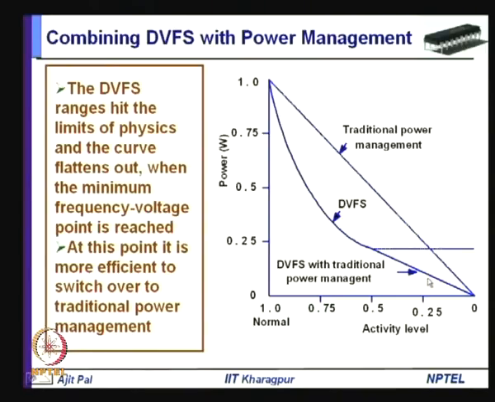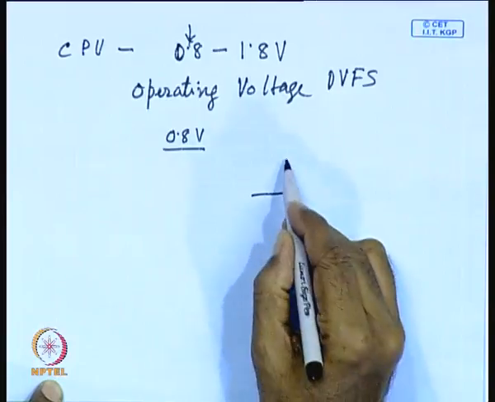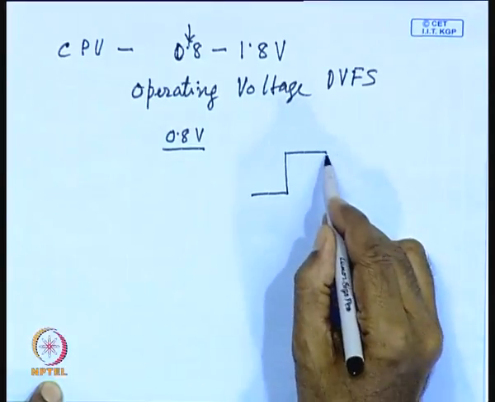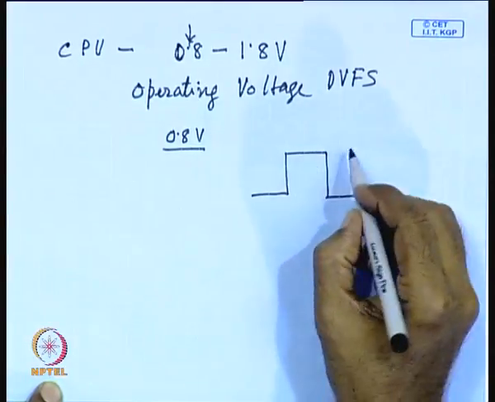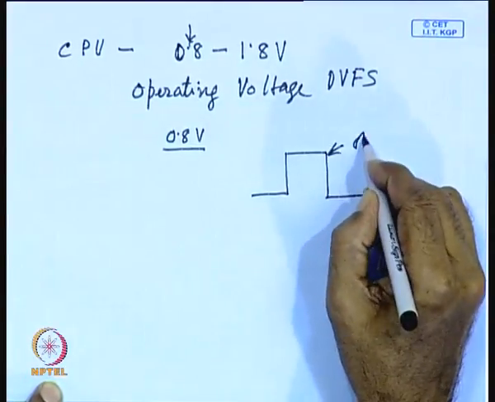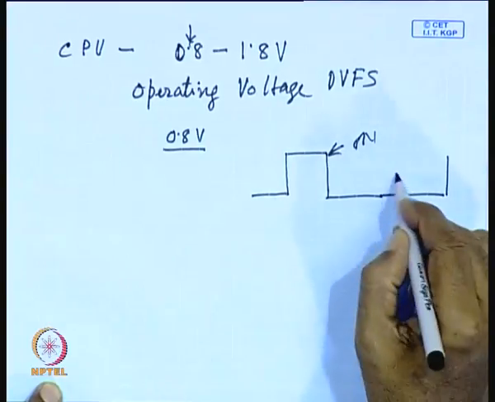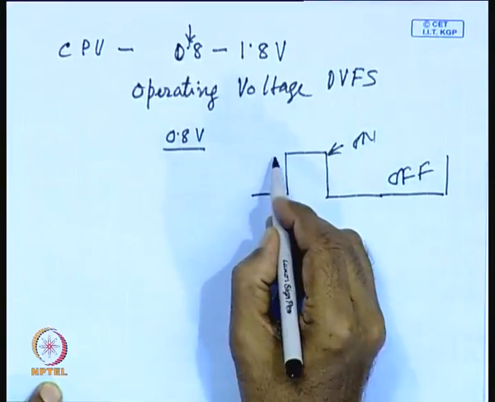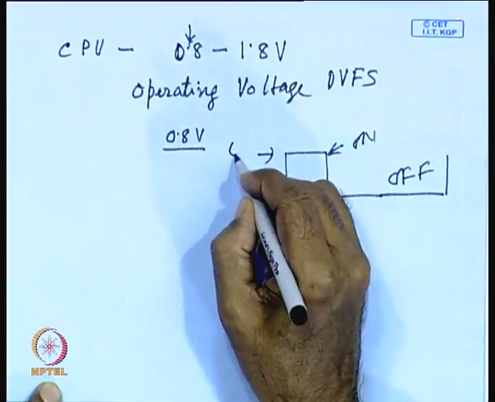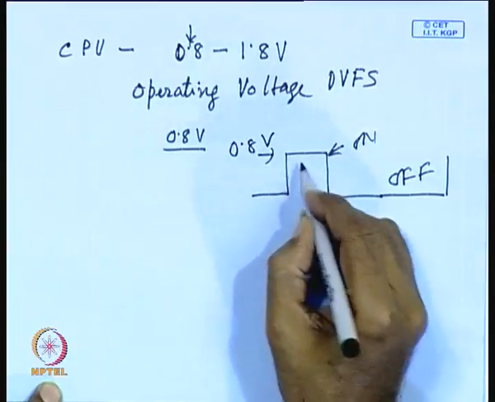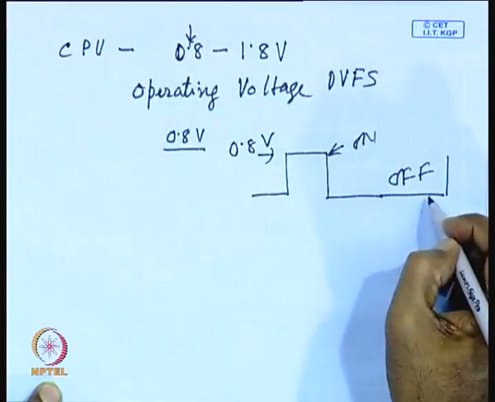That means, you can keep on adjusting the duty cycle. So, for this duration the CPU is on, and for this duration the CPU is off, and here the voltage level obviously will be kept at 0.8 volt, because this is the lower limit. So, this voltage will be switched.